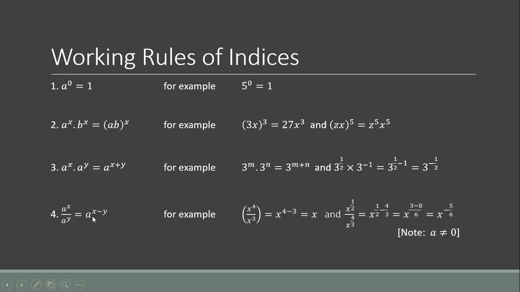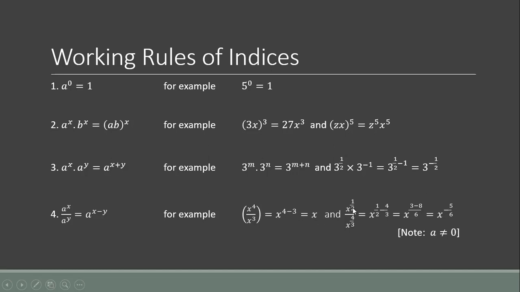So x minus y will be here. For example, x to the power 4 by x to the power 3, you can write x to the power 4 minus 3, that is x to the power 1, and that is x.